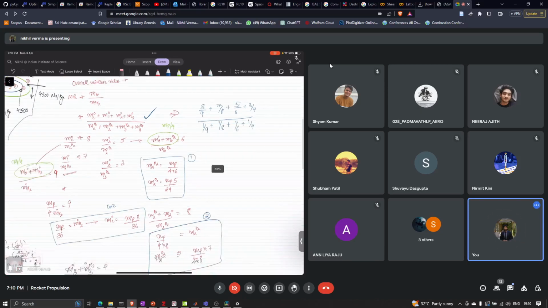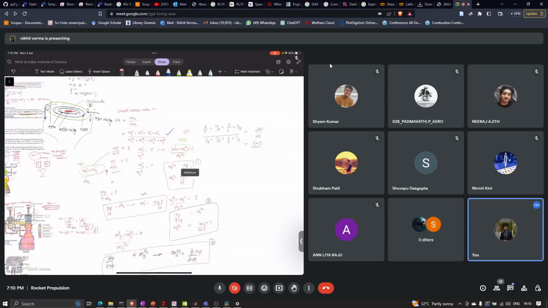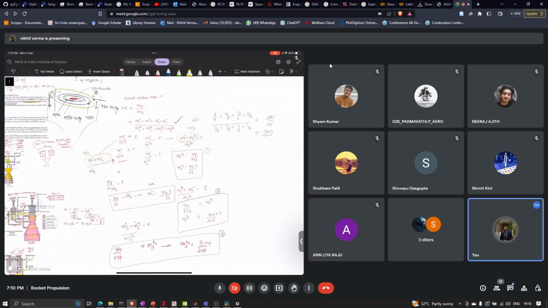So you will get 241.47, which is 5.13. I hope this is clear, right? Any doubts on this?